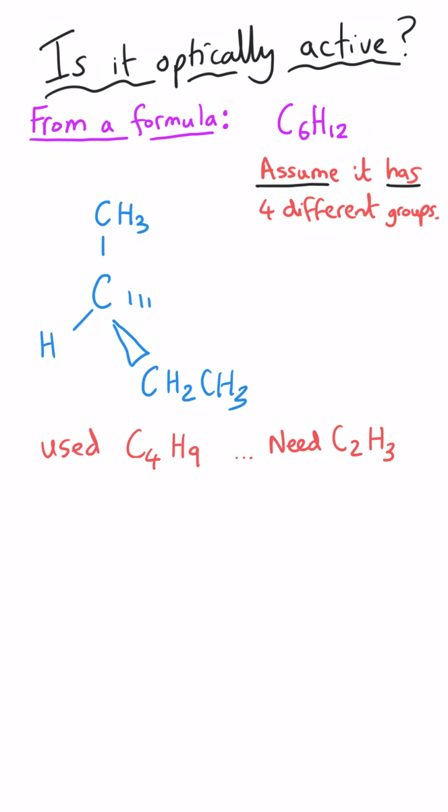So this carbon will be bonded to another carbon, which will actually have a double bond to another carbon, and it will have 2 hydrogens like so, and there we go. That is our proof that this will exist as optical isomers because we've got 4 different groups around our central carbon. And I really do strongly recommend you gradually working your way up. Have a hydrogen, have a methyl group, have an ethyl group, and see what's left over.